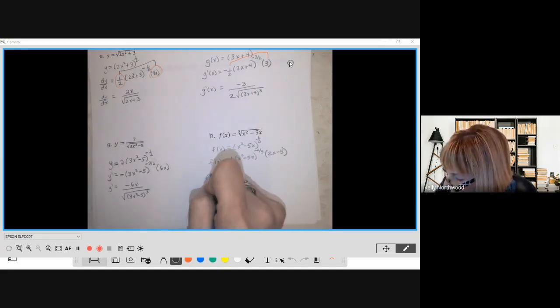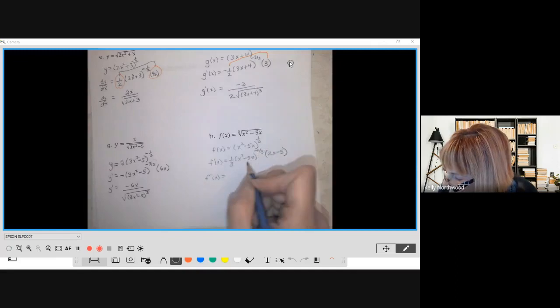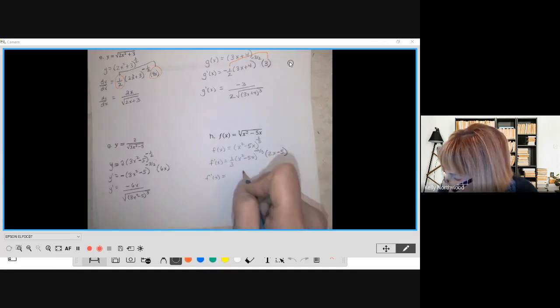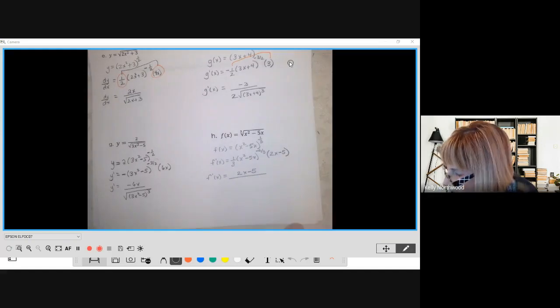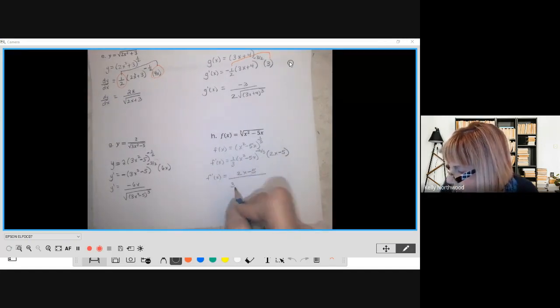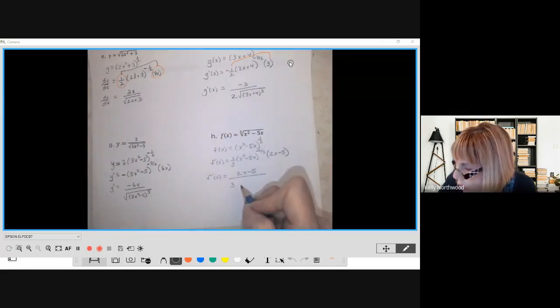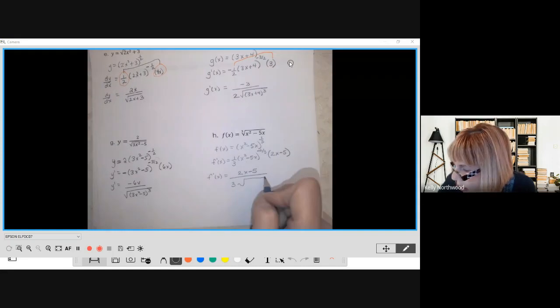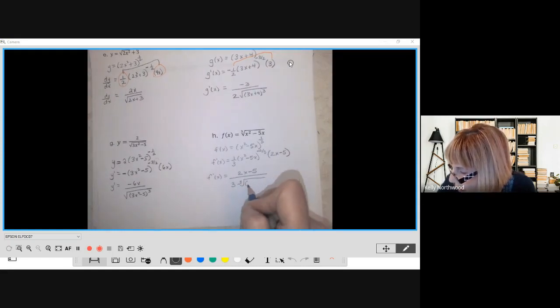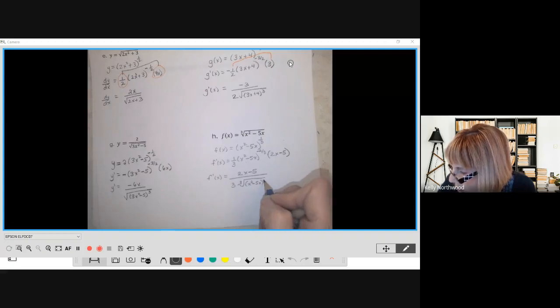And then in simplified form, the 1 times 2x minus 5, 2x minus 5 is going to be in the numerator. And then the 3 from 1/3 is going to be in the denominator, as well as this term, which I can rewrite as the third root of, in brackets, x squared minus 5x squared.